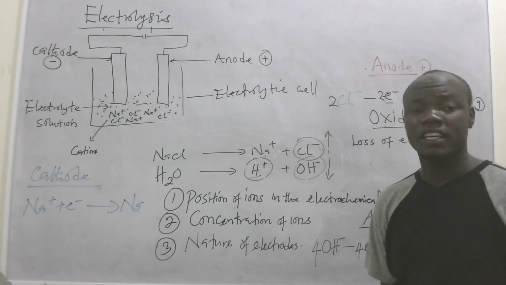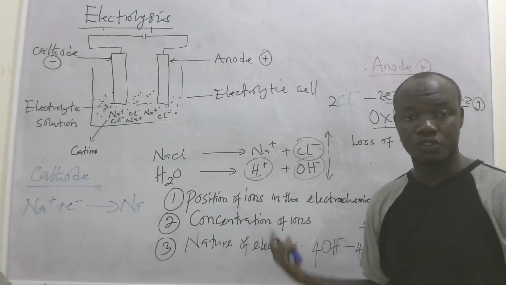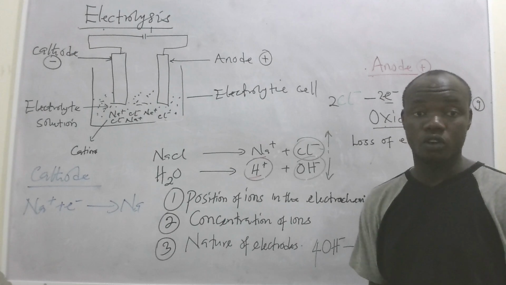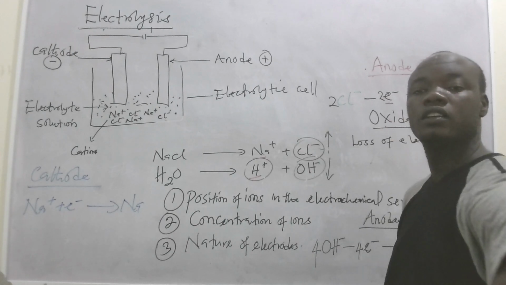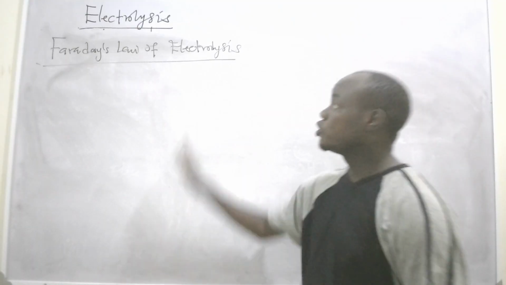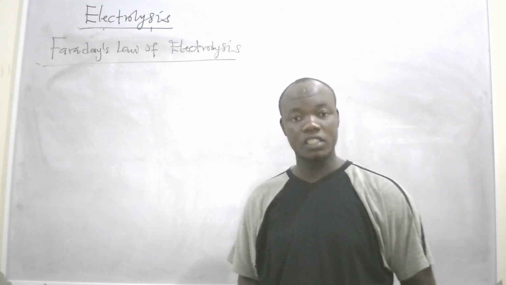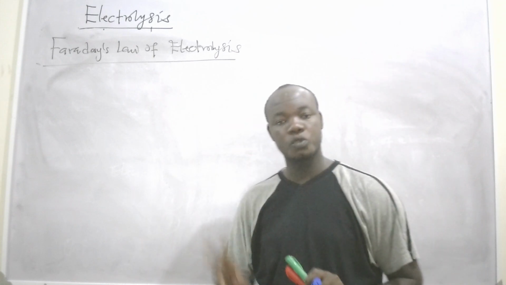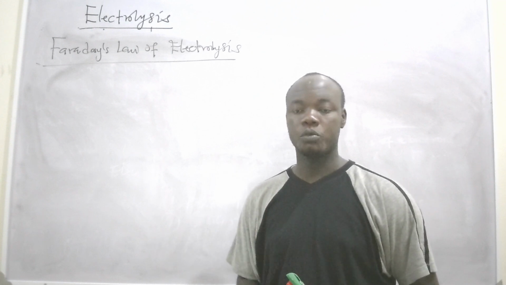So ladies and gentlemen, the next thing that we are going to look at after this introduction is Faraday's law of electrolysis. Under Faraday's law of electrolysis, we have two laws.